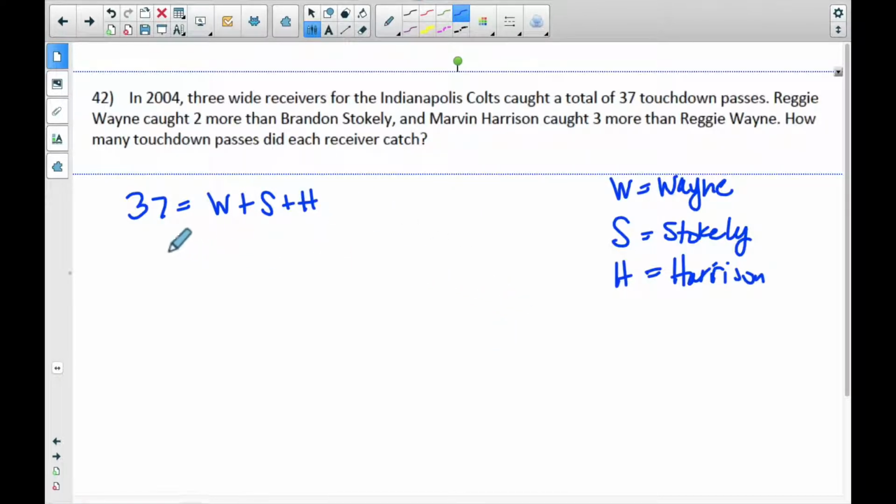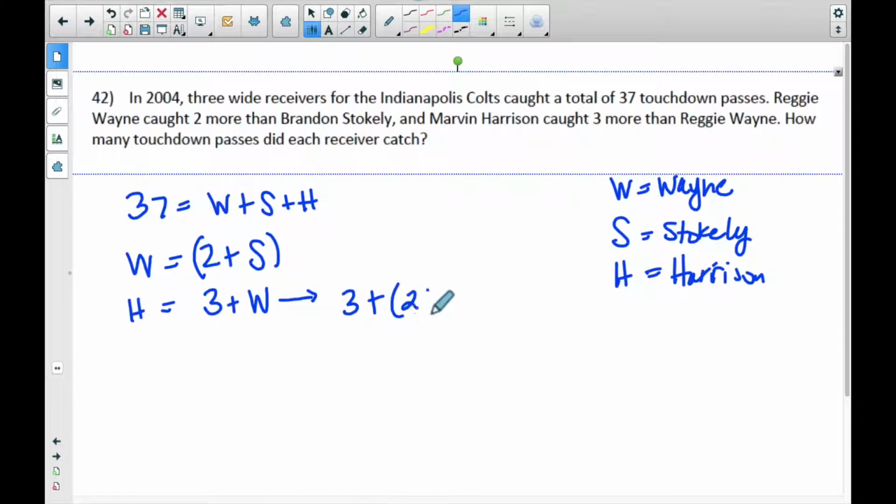The next sentence says that Reggie Wayne caught 2 more than Brandon Stokely, and Marvin Harrison caught 3 more than Reggie Wayne. Now the last part is a part that some people didn't put together. Reggie Wayne is 2 plus S, so I can change this to 3 plus 2 plus S, right?